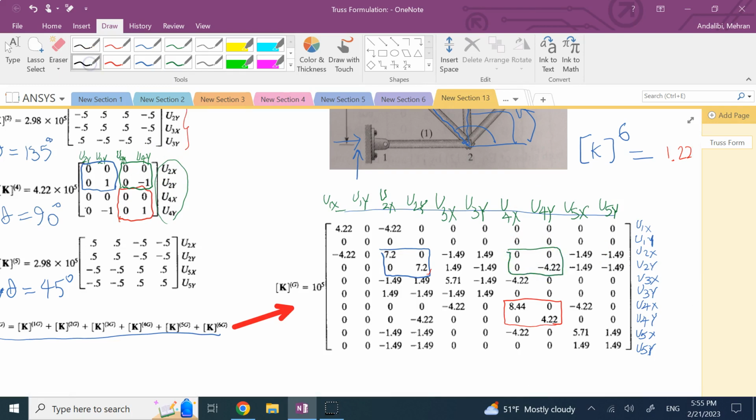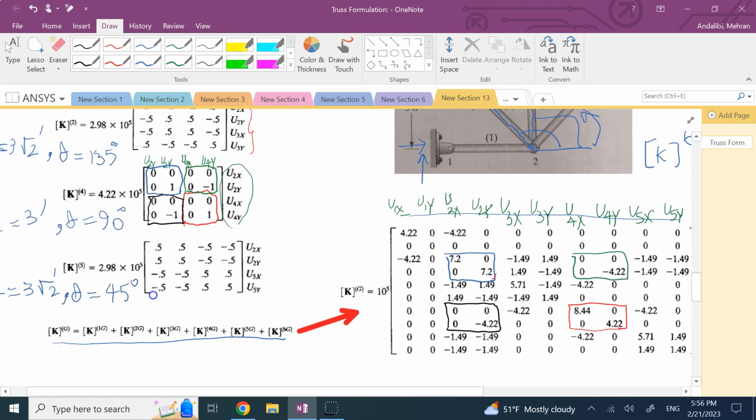And finally, this area, which is under column 4, row 2, so it comes here. So you see, you break that 4 by 4 into 4 2 by 2s, and they go onto this kind of symmetric area, but they are split in the matrix. So that's how you put this element 4 together.